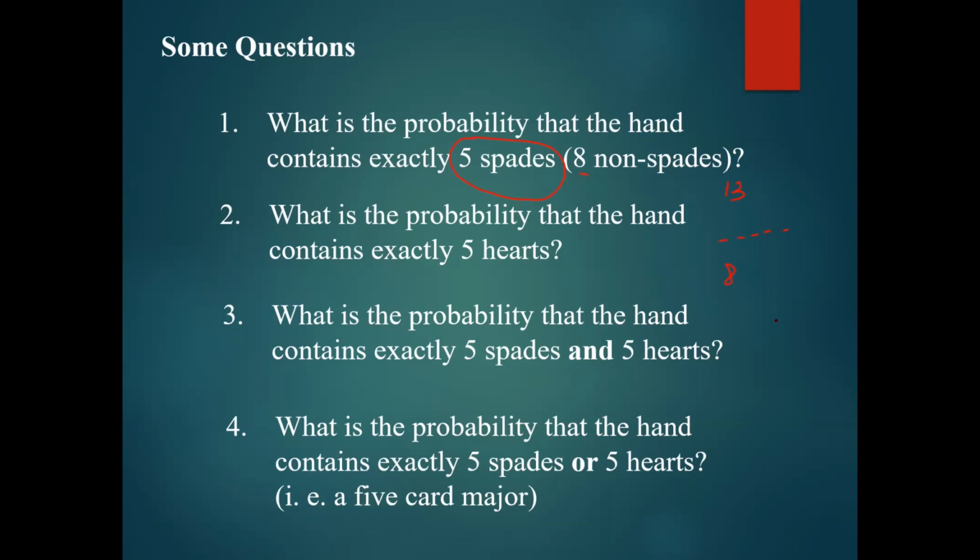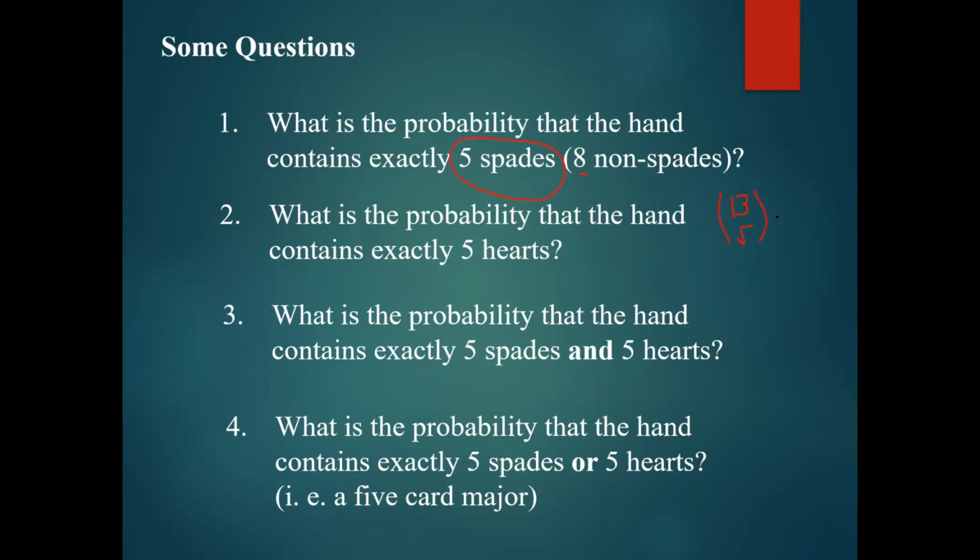If there are 52 cards and 5 spades, first we need to select which of the spades will go to our bridge hand. How many spades are there in a 52-card deck? 13. And then we select 5 spades, so 13 choose 5.